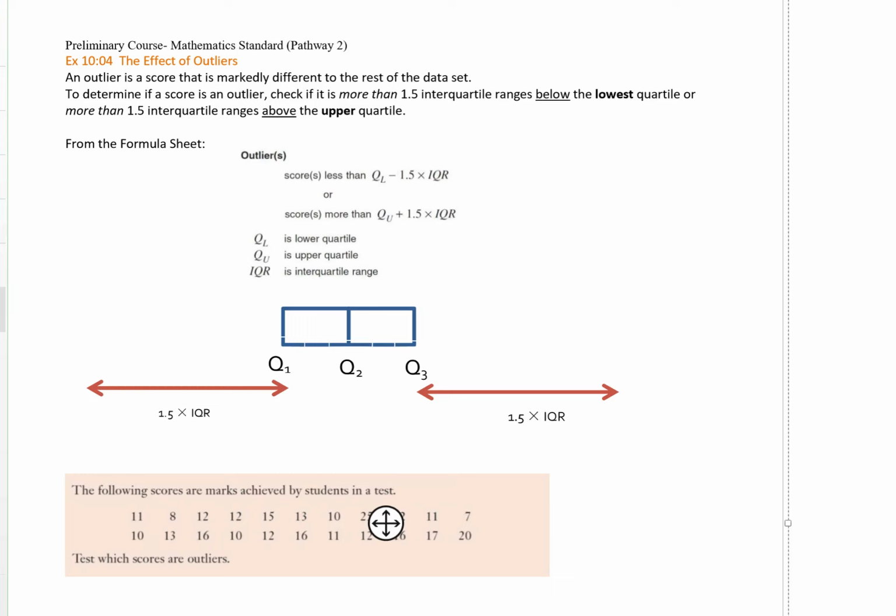It doesn't have to necessarily be below. If you did another test, the results were generally around 50, 60%, and there was a one-off result that was 95%, it would again be the outlier.